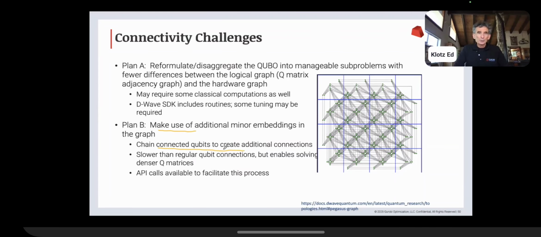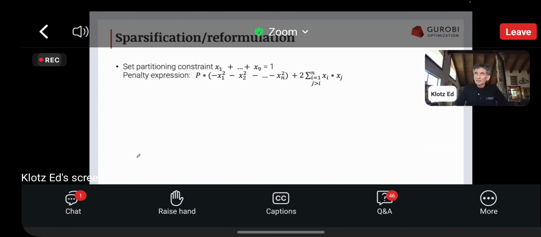And we'll talk about how to do this. But this consumes resources. And even though there are API calls to facilitate the process, you potentially have to do some of this yourself. So let's just briefly go into this.